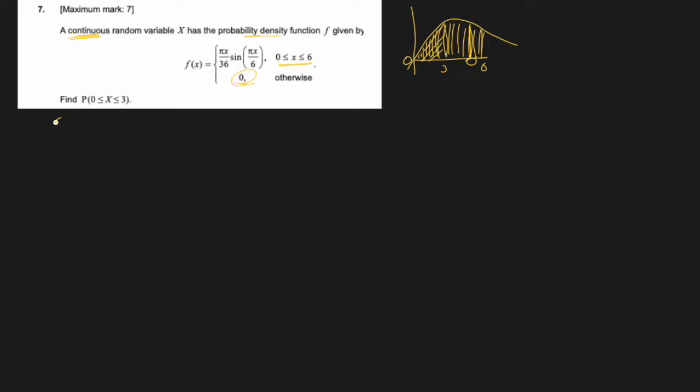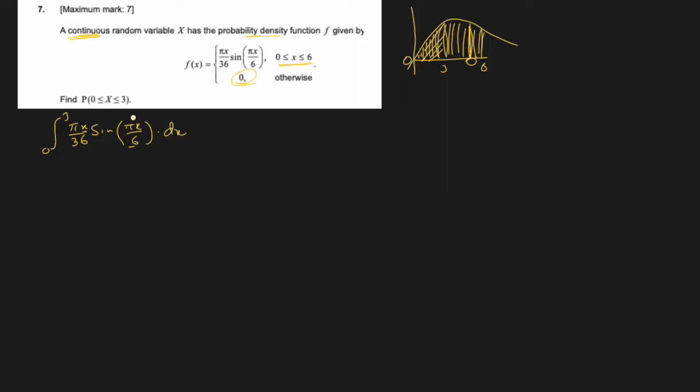So we'll integrate this one from 0 to 3, pi x over 36 sine of the angle pi x over 6. Okay, so we can see here that there is a variable outside and there is a trigonometric function also. That means we can use integration by parts, but it's difficult to do this way.